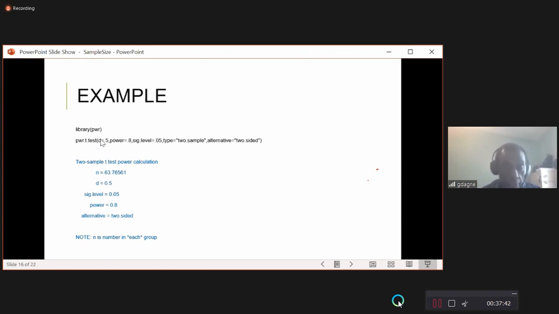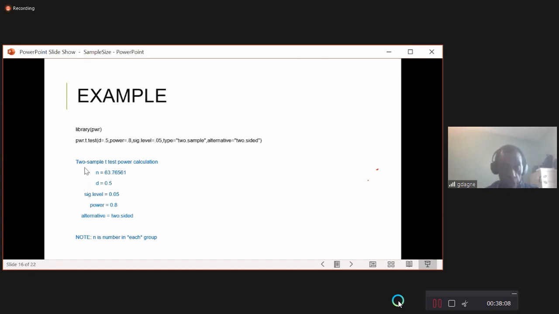Here, the effect size I picked is 0.5, medium. The significance level is 0.05. The type of comparison is, for example, one sample or two sample. The alternative is two-sided. Then just run this, and I get the results here.